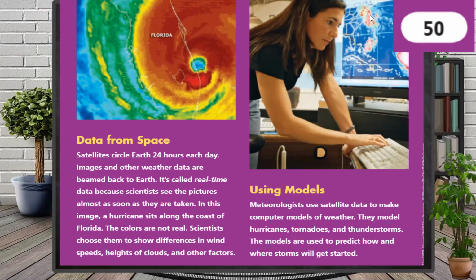In the image, a hurricane sits along the coast of Florida. The colors are not real. Scientists choose them to show different wind speeds, heights of clouds, and other factors. Thank you, my dear.